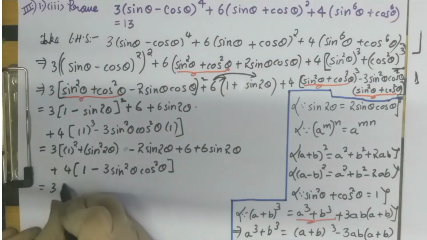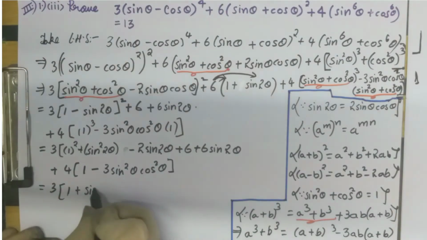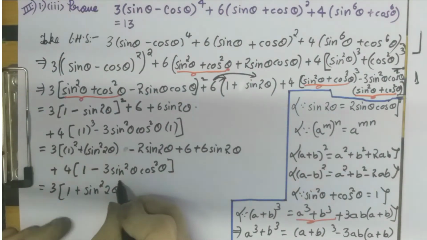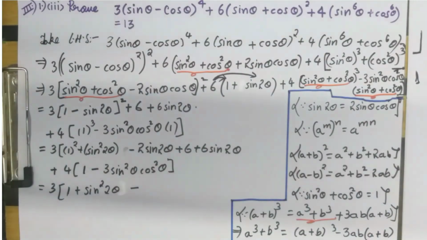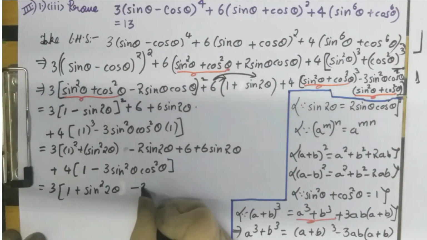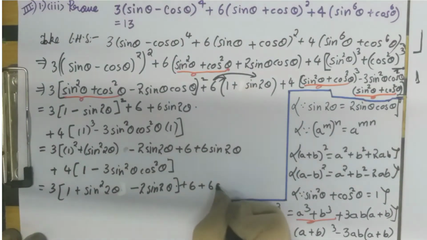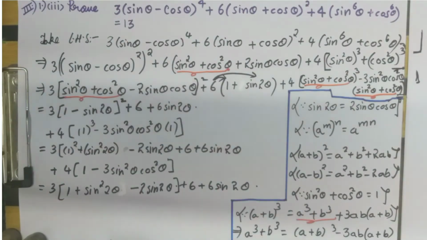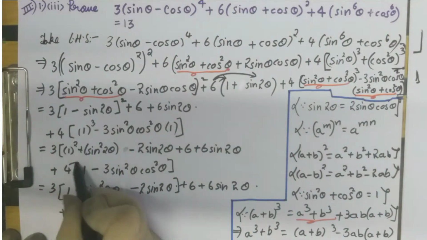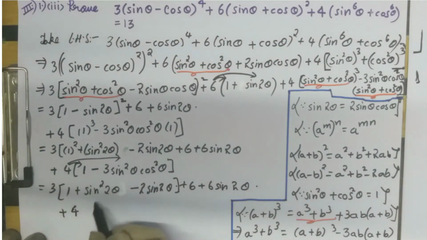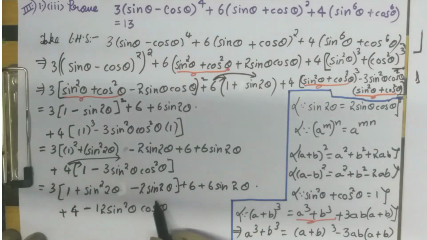Then we have 3 into 1 square is 1 plus sine square 2 theta minus 2 sine 2 theta plus 6 sine 2 theta plus, now what we'll do is 4 into, we'll open this bracket, 4 ones are 4 minus 4 threes are 12 sine square theta cos square theta.